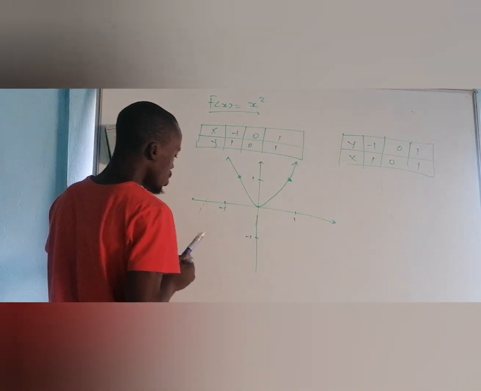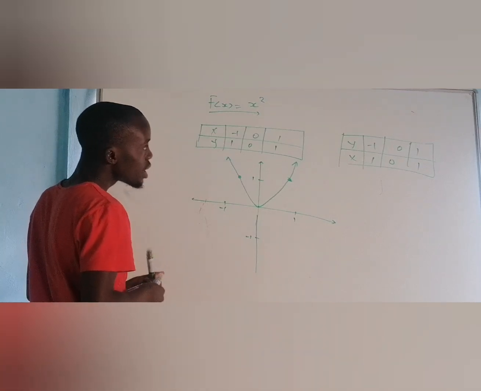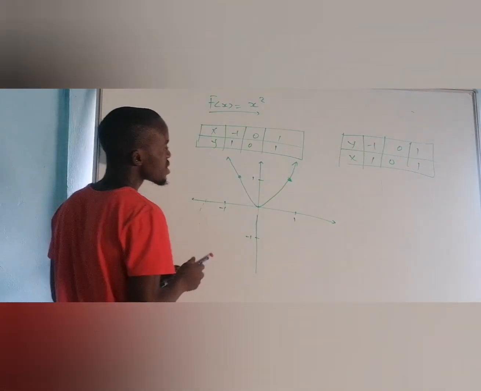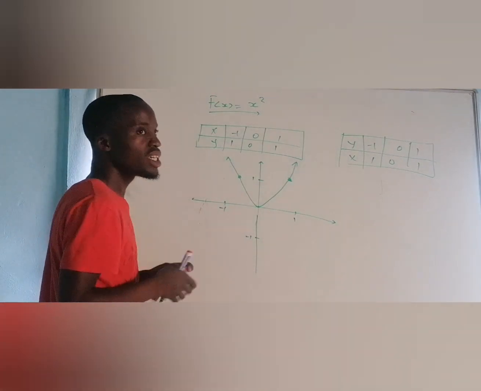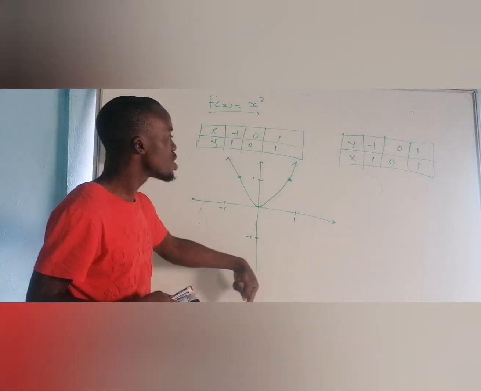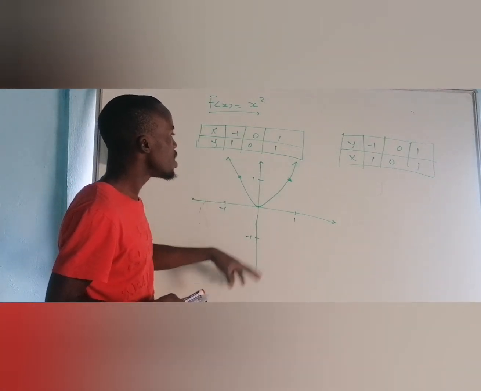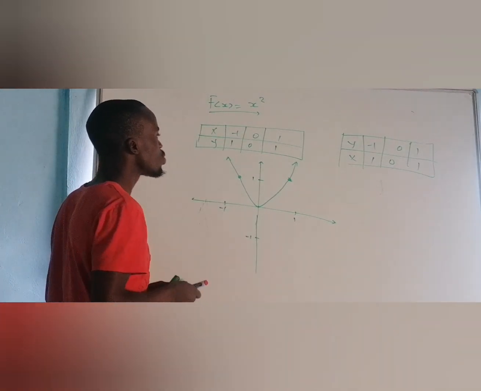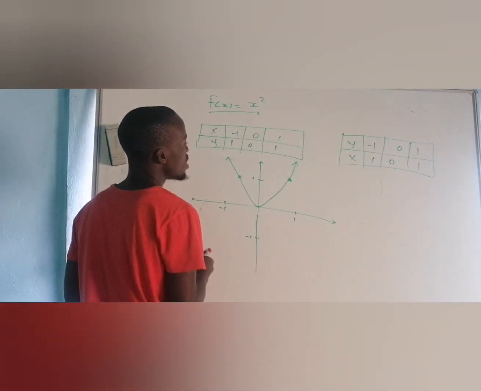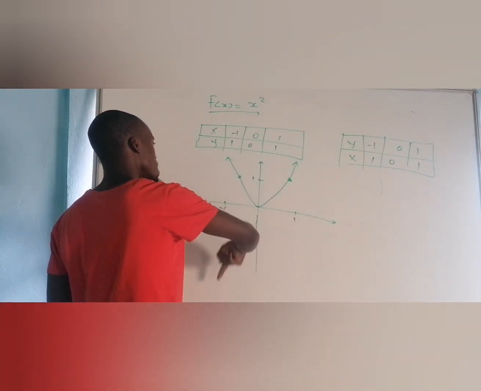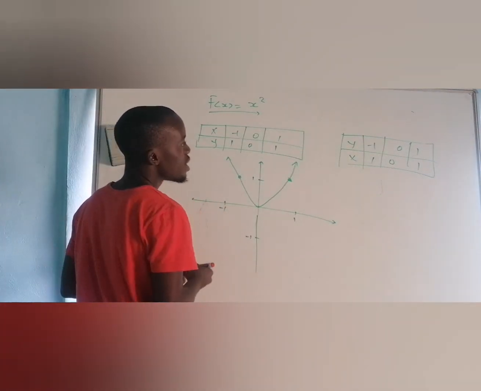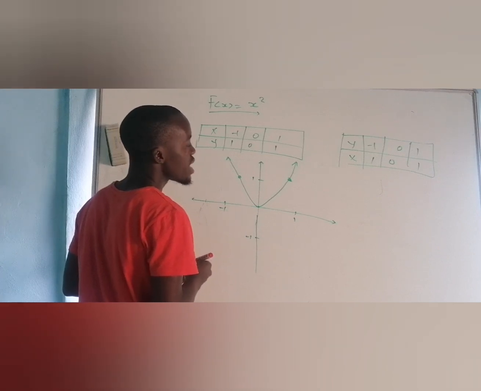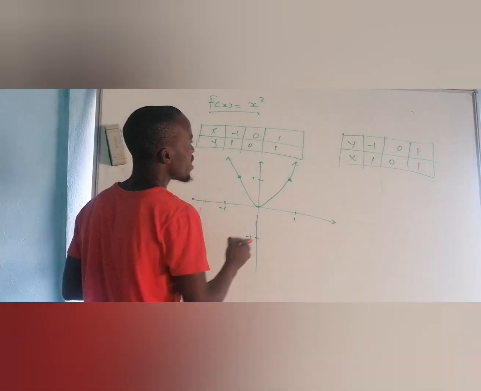Therefore, let us draw the inverse. So the inverse, in your mind, you think the inverse will look down, or it will be a side graph. No, it won't be like that. Just use this method. If you are not using it, you will think it is having a negative a or facing sideways.